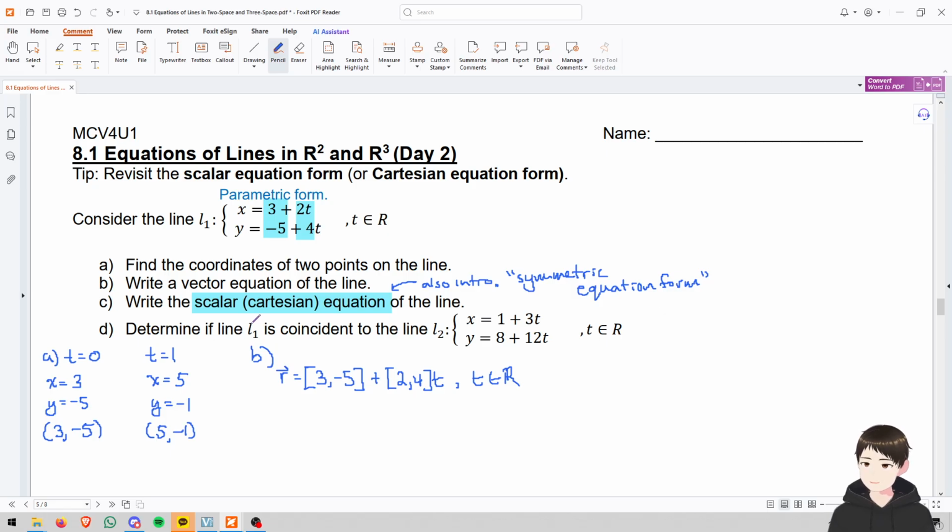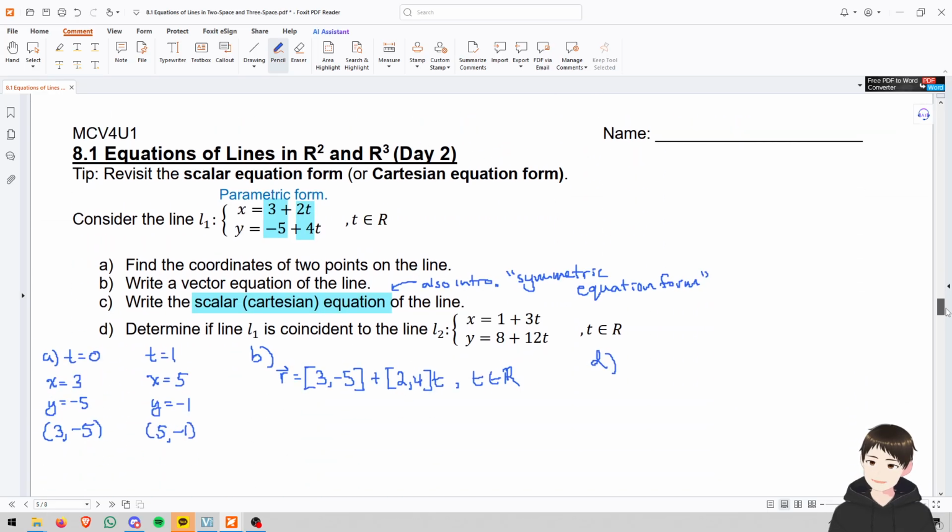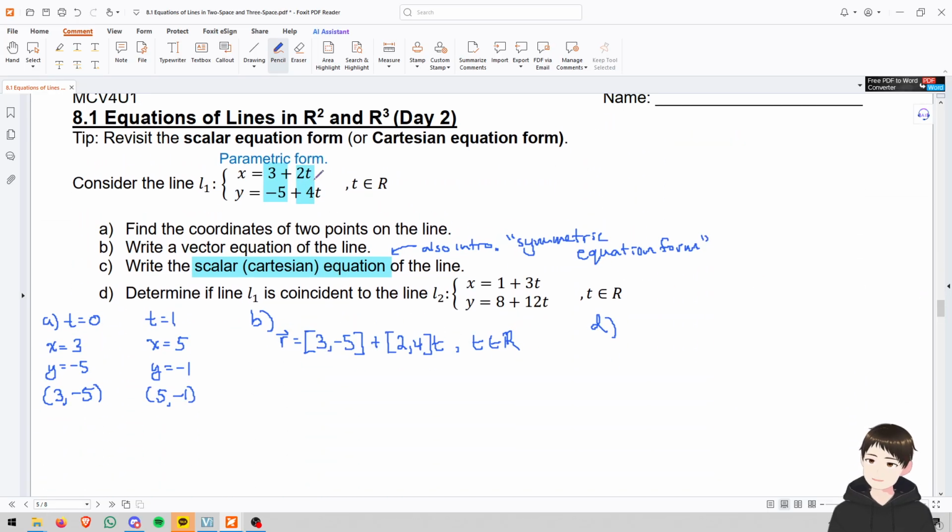Determine if line 1 is coincident to line 2. Okay, so let's do that. If you want to check if line 1 is coincident to line 2, that is just another extension of our previous question. How do you know if they're coincident? You can first check your slope or your direction vectors to see that they're going in the right direction.